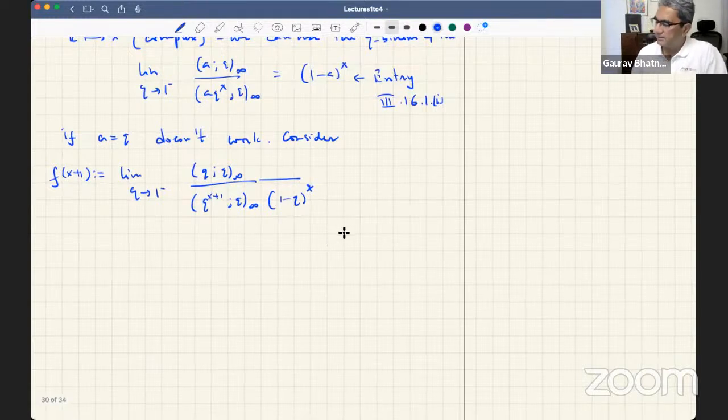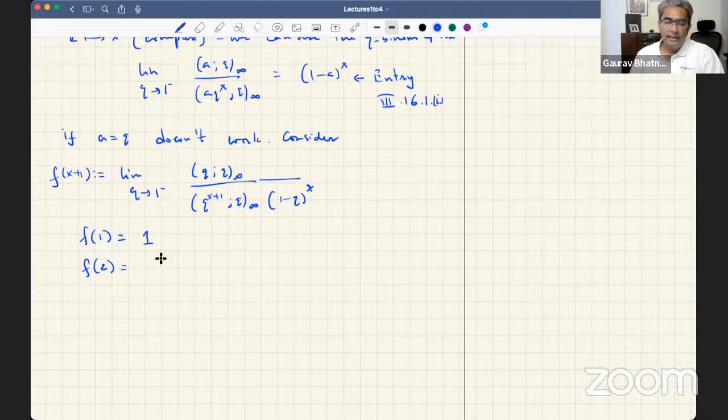Let's see what happens when x is equal to 0. Then this is (q;q) infinity divided by (q;q) infinity. This is 1, so you get 1. What happens when x is equal to 1? Then it is the limit as q goes to 1, and this is q squared. A lot of terms cancel, and you get 1 minus q over 1 minus q raised to the power 1, which is 1.